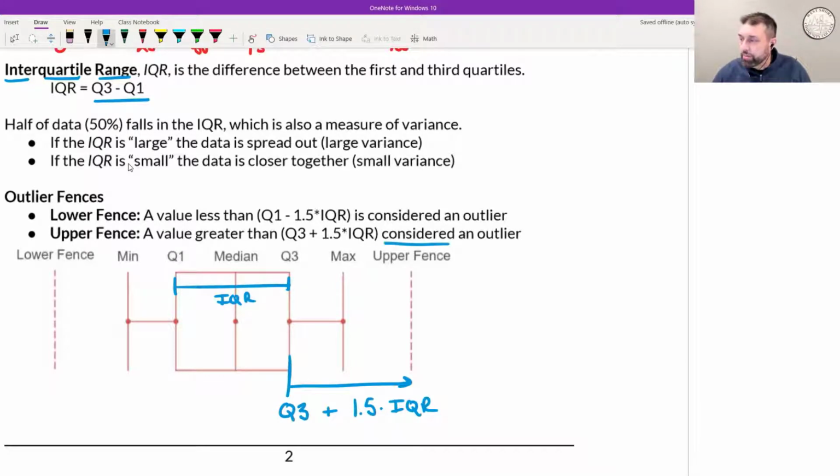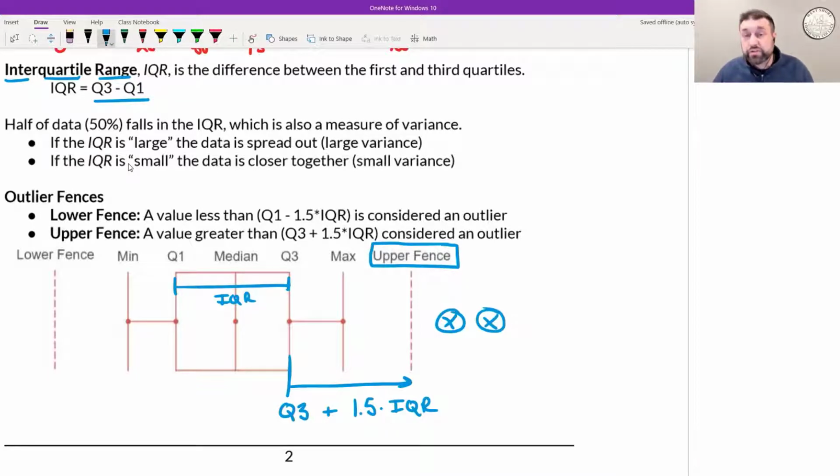This is your upper outlier fence. Any data points that are greater than this value are outliers. By mathematical definition, if you are to the right of this fence, you're an outlier. If you're to the left of this fence, you're not an outlier.